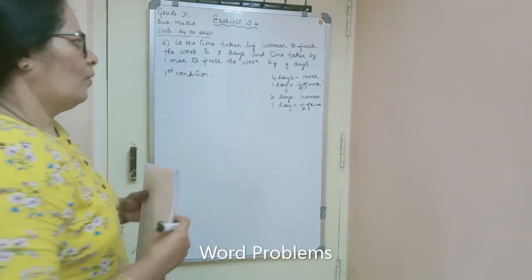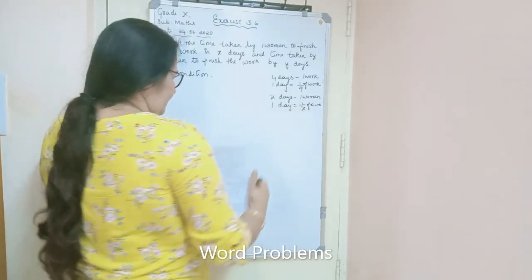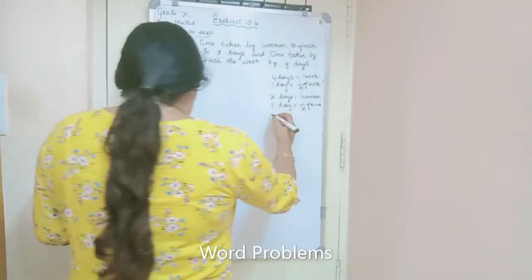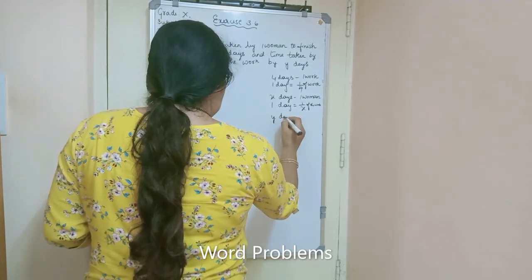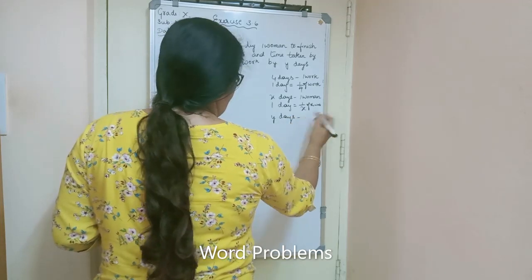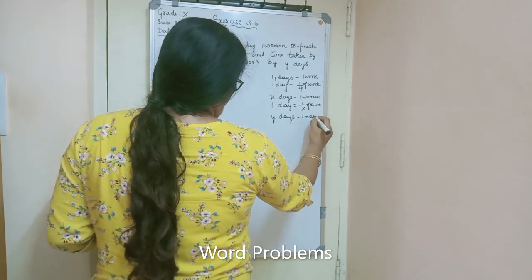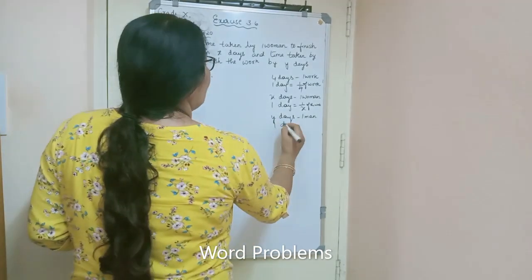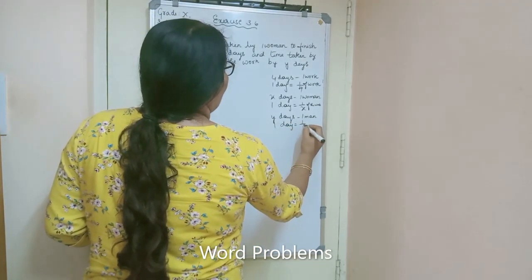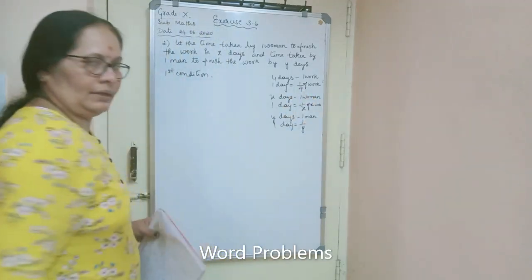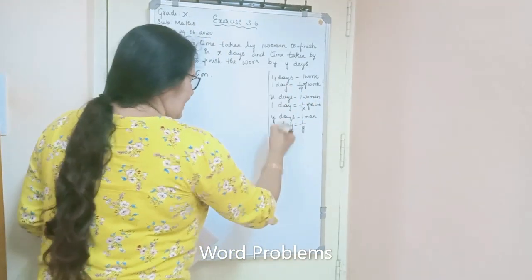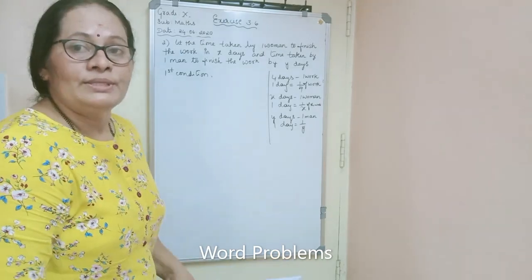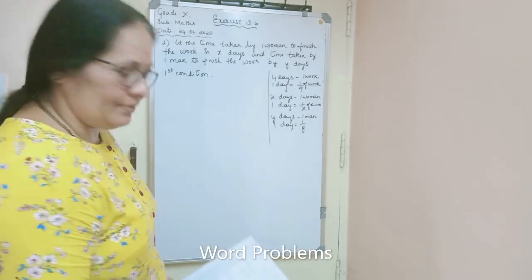Similarly, one man takes y days to do one work. So in one day how much will he do? 1 by y of the work. Understood? So for one day, how much they will do, we have to find out first.